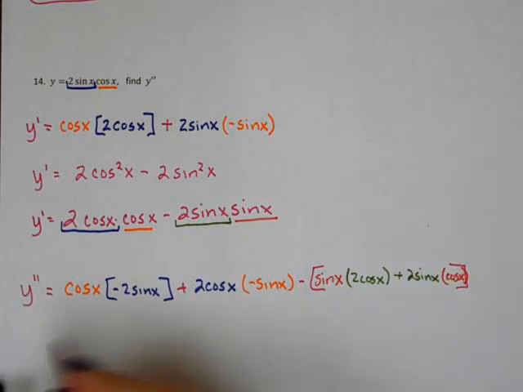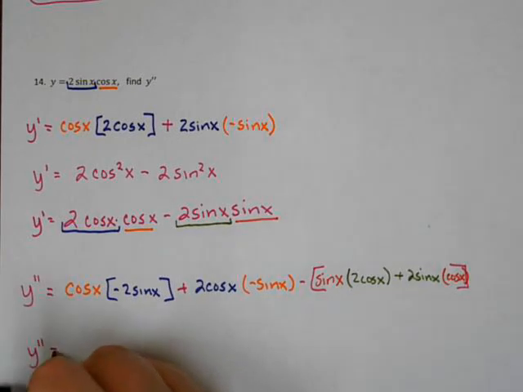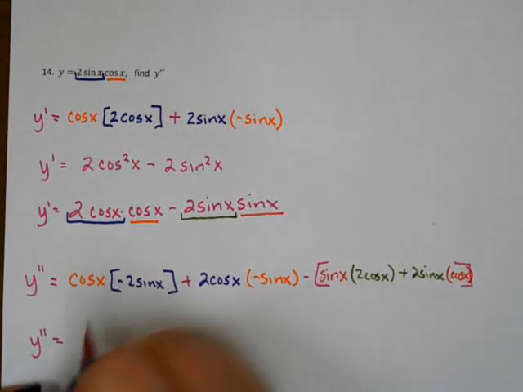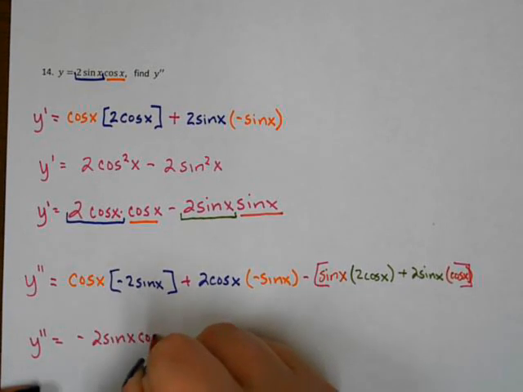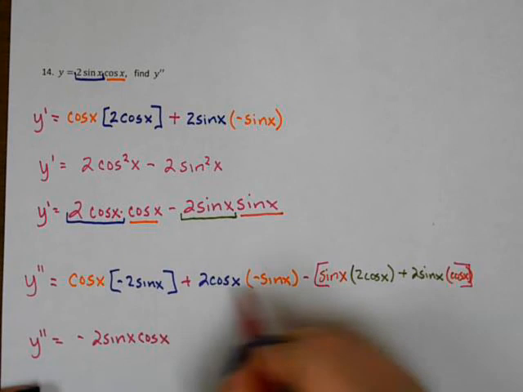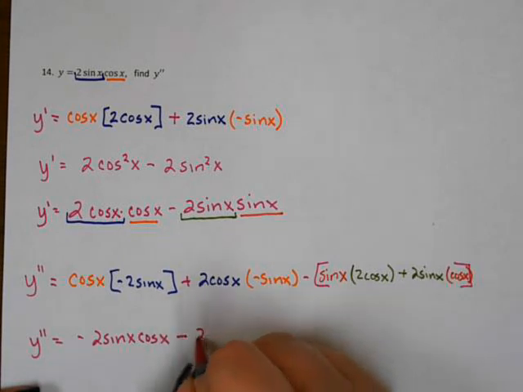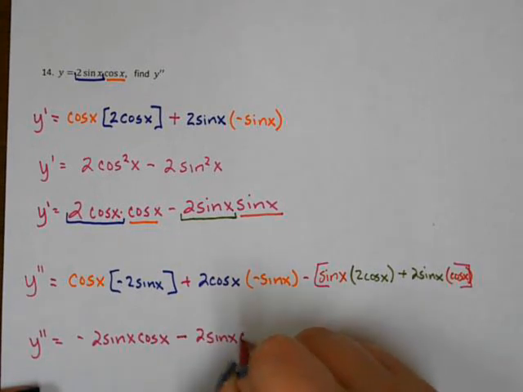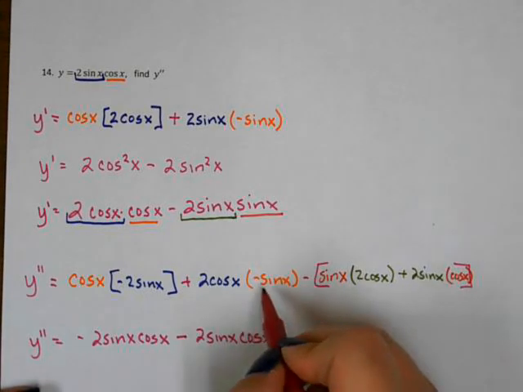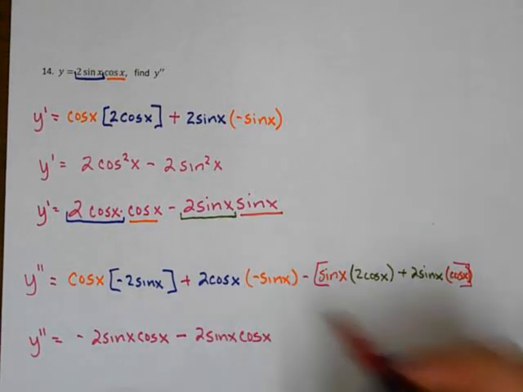So now let's actually go ahead and simplify. So y double prime is going to equal, this is negative 2 sine x cosine x. This is also negative 2 sine x cosine x, because the order doesn't matter when I'm multiplying, so stick with me there.